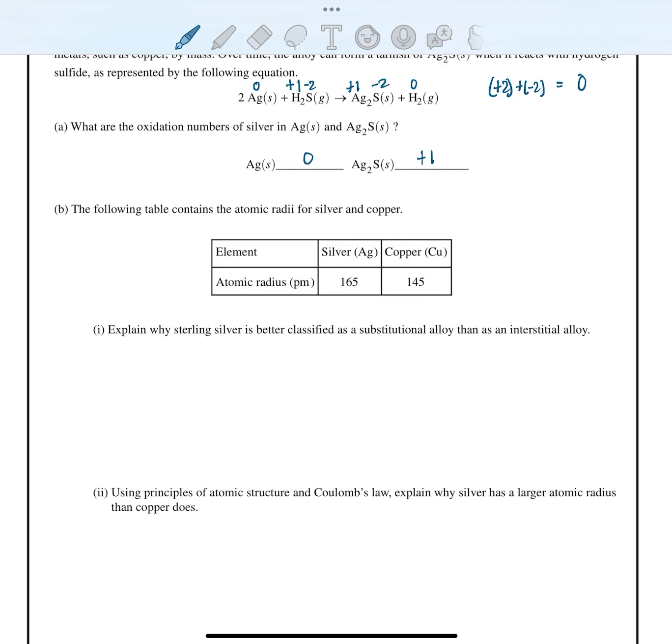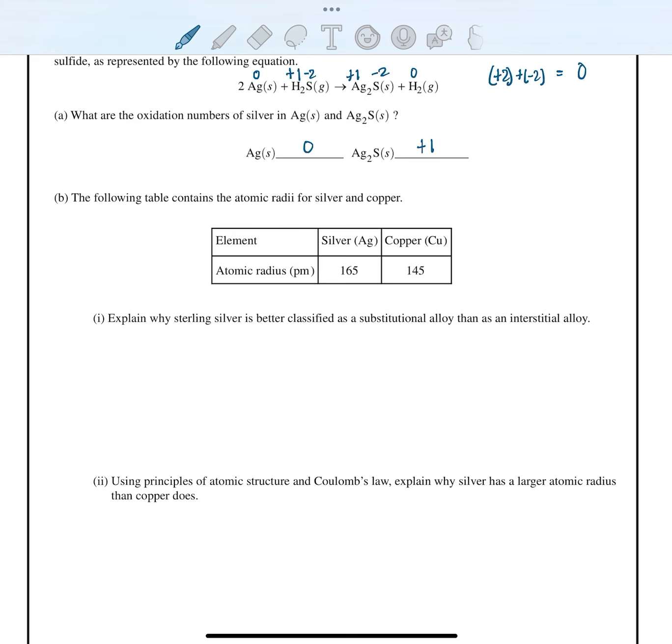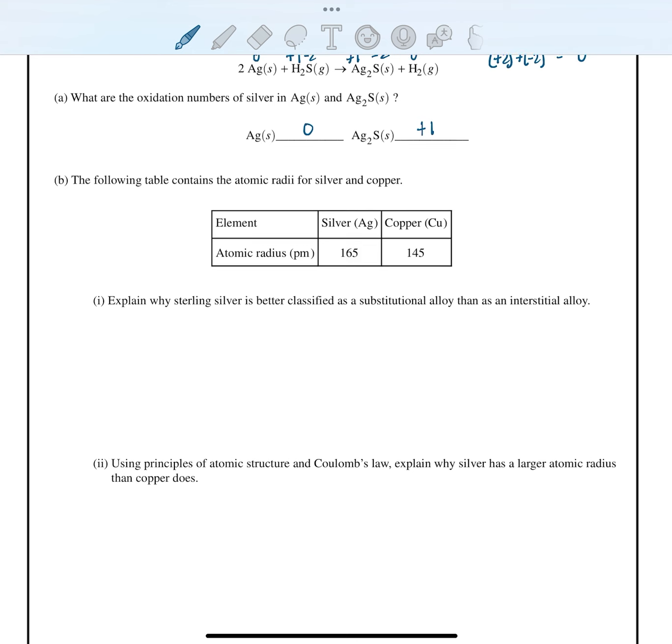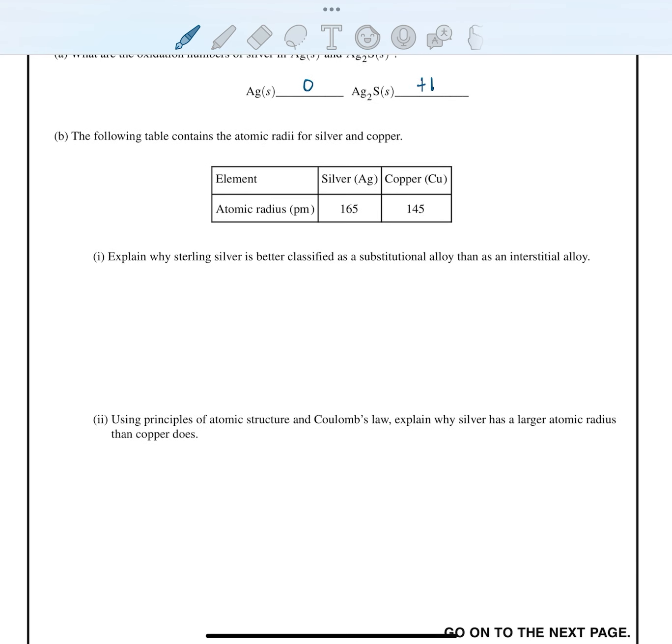In the next question, I'm given the atomic radius in a table. Silver and copper have a similar atomic radius of 165 and 145 pm respectively. It says here, explain why sterling silver is better classified as a substitutional alloy rather than an interstitial alloy. This is a hard question in the sense that it's just something you have to study and review.